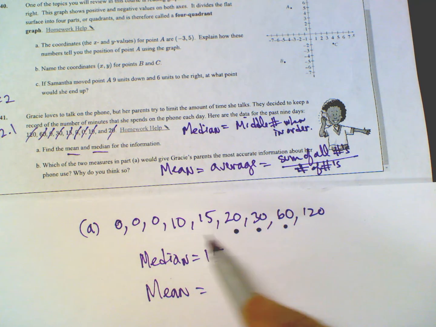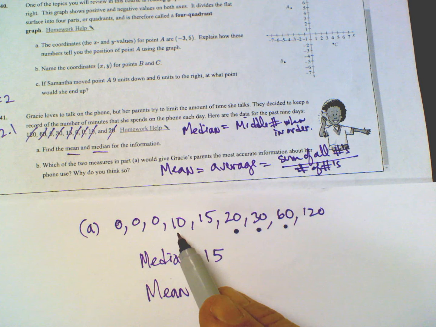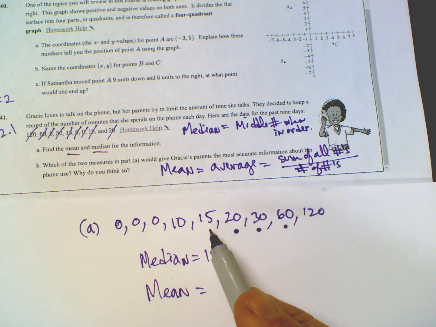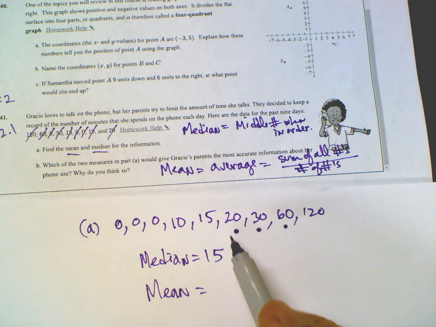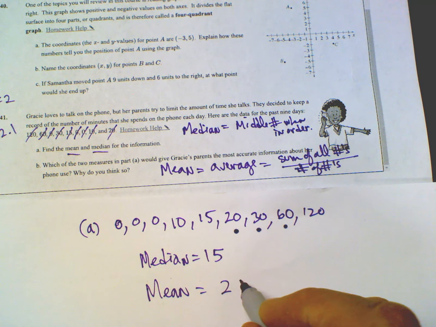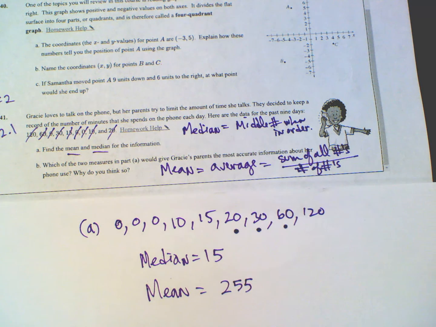So I'm looking at 100, 220, 255. Is that right? I need to double check, make sure I'm doing that right. So that looks like 255.